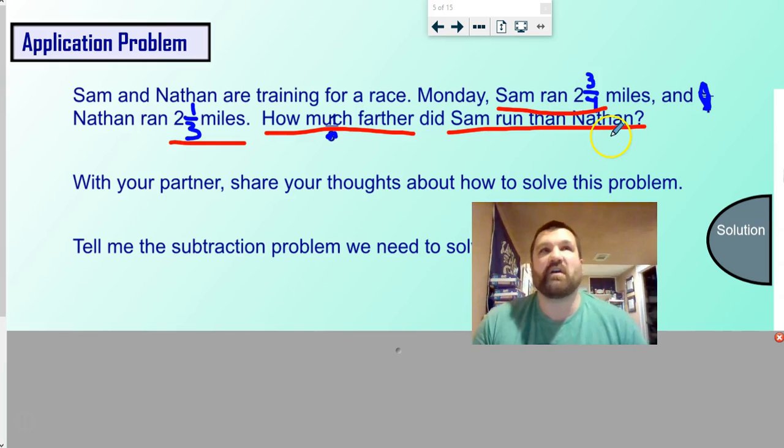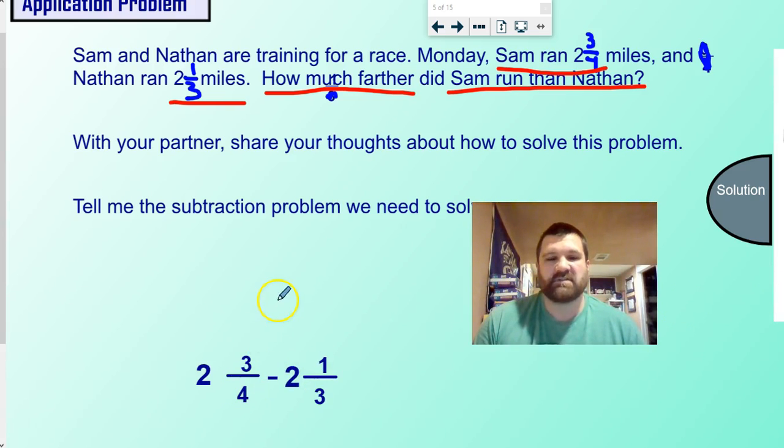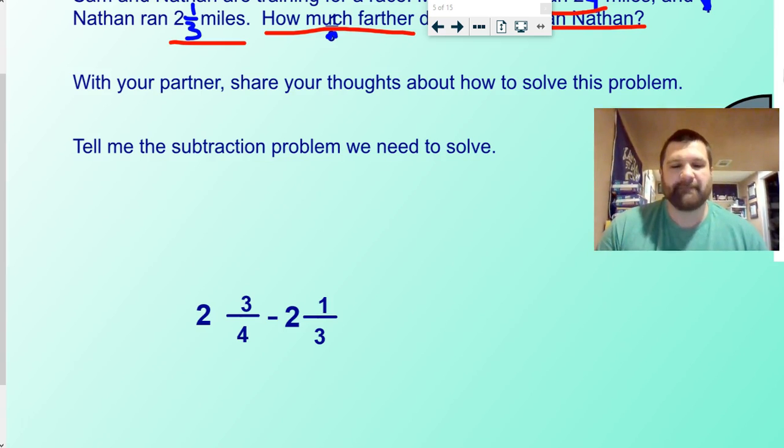How much farther? So it doesn't sound like I'm adding, because it's not all together. It sounds like I'm going to have another subtraction problem. So the subtraction problem we need to solve is 2 3/4 take away 2 1/3. Okay, and we go about solving that.